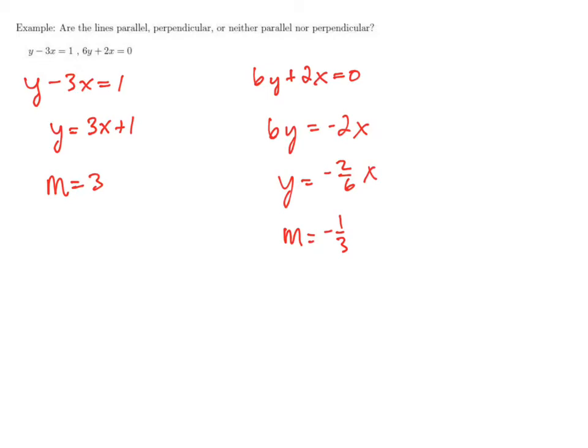Writing both of these in slope-intercept form, we get the first line having a slope of 3, the second line having a slope of negative 1/3, and these are actually opposite reciprocals of each other. So we have 3/1 and negative 1/3, so that tells us that these lines are perpendicular.